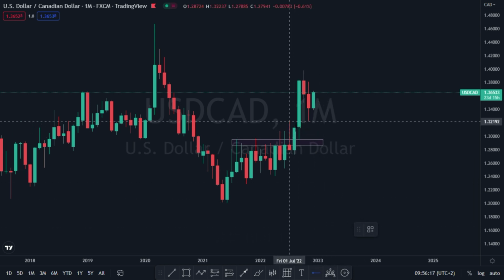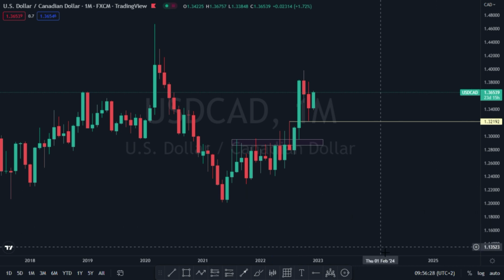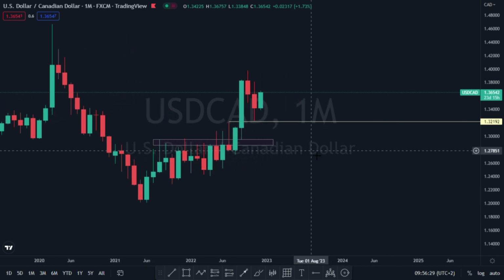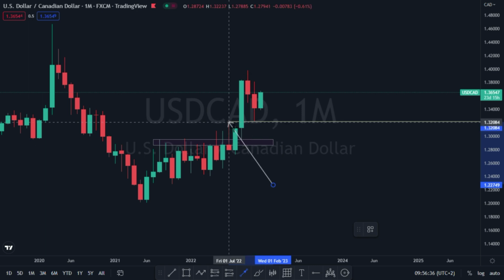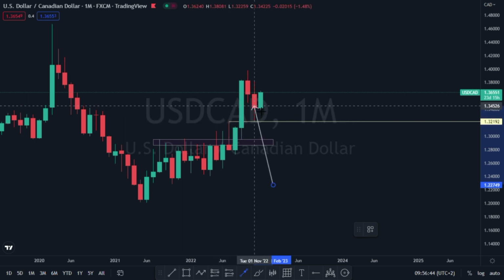So if I just mark these levels right here, you can see clearly why the market tends to come back to these levels, right? There was a reason why the market came back to these levels. It is because the market was coming back to retest this level that was given birth to by the market. And after retesting that level, now we can see that the market is pushing to the upside again, right?